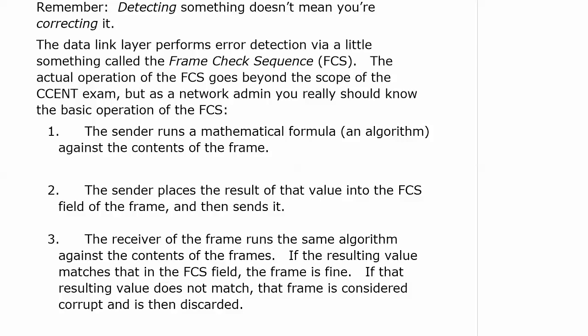Now, the receiver of the frame is going to run the exact same algorithm against the content of the frame. And if the resulting value matches that in the FCS field, everything is beautiful, the frame is fine, life goes on. If that resulting value does not match, though, that frame is considered corrupt and is then discarded.